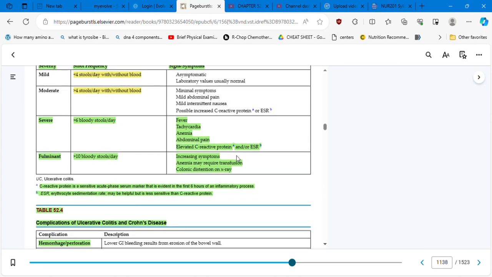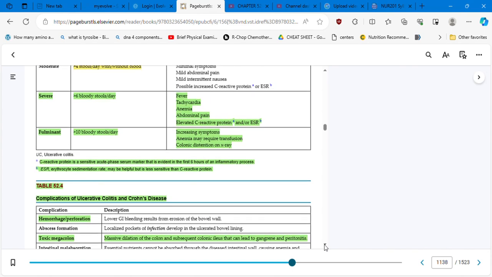Probably infection. And the last stage is fulminant, with more than 10 bloody stools per day, increasing symptoms, anemia that may require transfusion, colonic distension on X-ray, plus all the extra-intestinal symptoms. Oh my God.